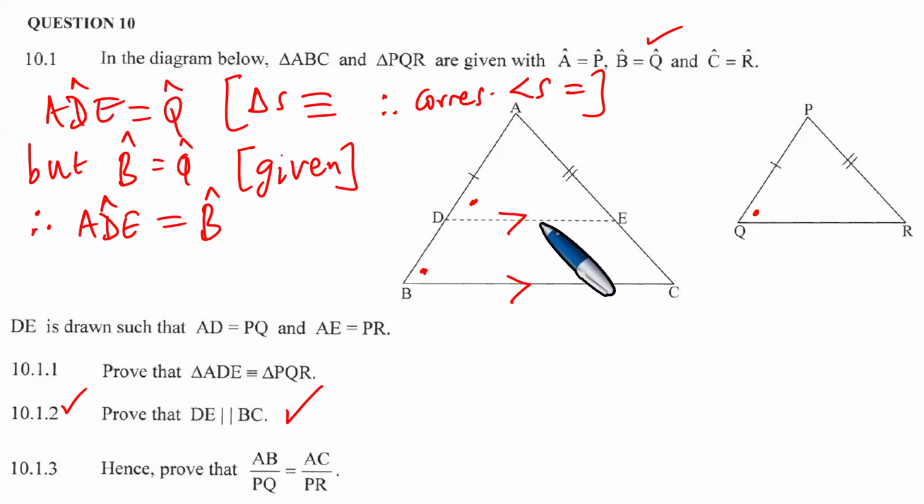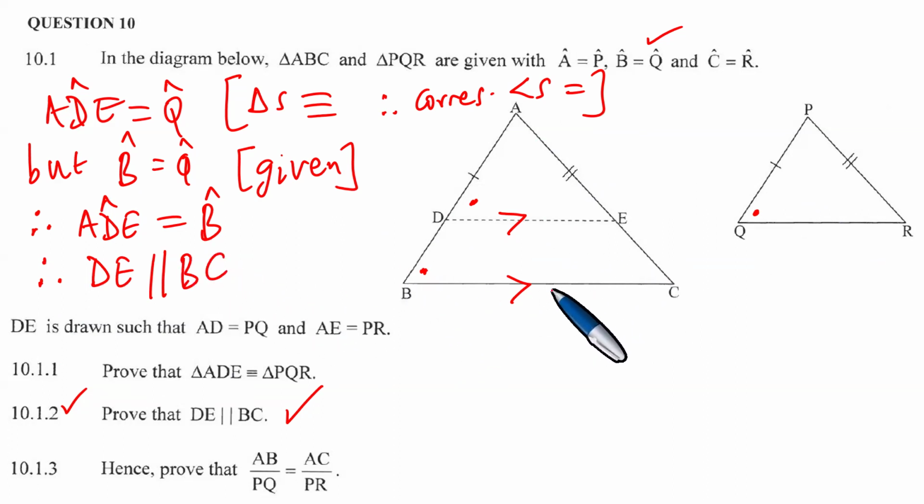But angle B is equal to Q, given. Therefore, angle ADE is equal to angle B. Therefore, DE is parallel to BC. Why is DE parallel to BC?